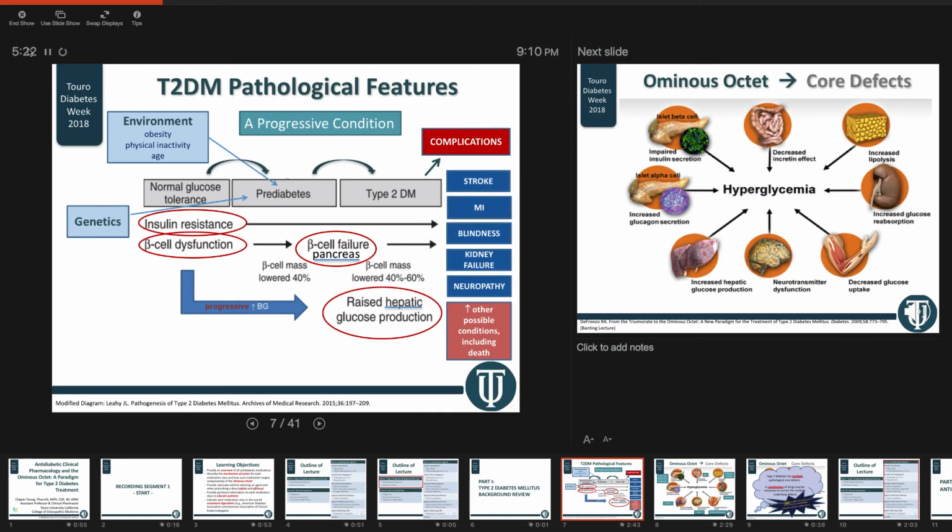So if type 2 diabetes is not controlled, then eventually it will lead to all kinds of complications that you might have heard of. Here are the examples: stroke, myocardial infarction, blindness, kidney conditions, and neuropathy. That's the reason why it's so important to control our glucose and to prevent all these complications.